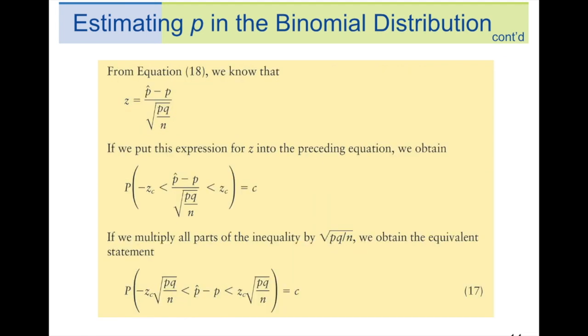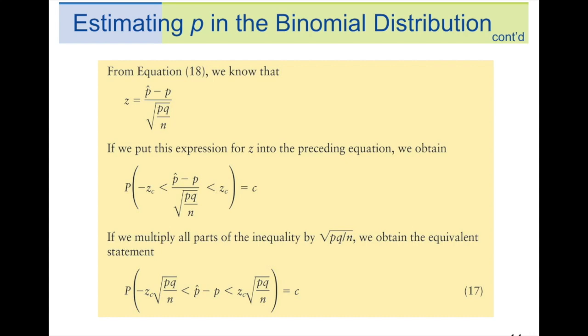From equation 18, we know that z equals p hat minus p over the square root of pq over n. If we put this expression for z into the preceding equation, we obtain that the probability that negative z sub c is less than p hat minus p over the square root of pq over n is less than z sub c equals c.